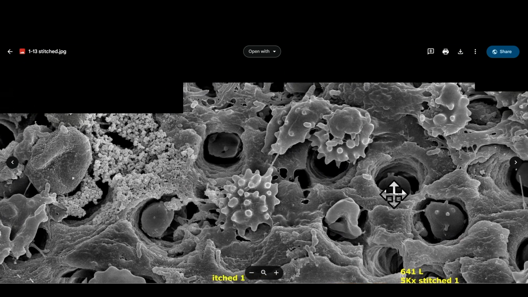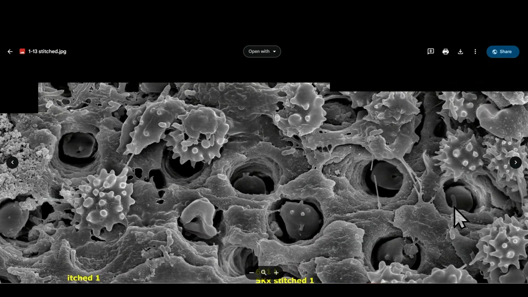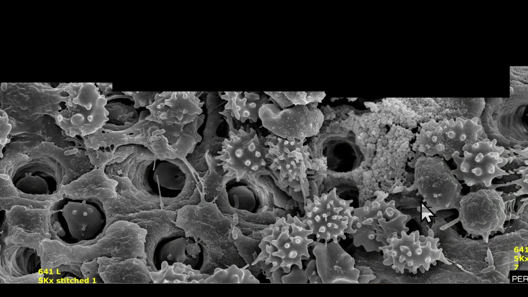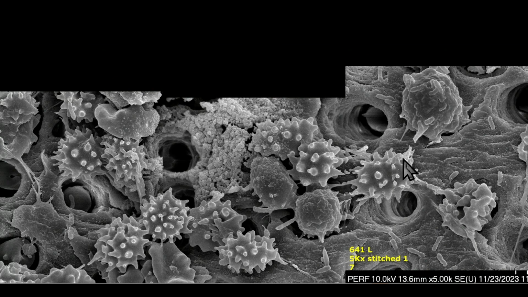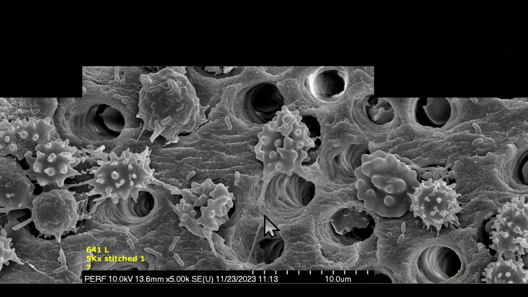If you look throughout the sections, you'll see that it's like a syncytium. They're all connected to each other, right on top of the predentin. And some of them look like they're in the process of becoming odontoblasts.